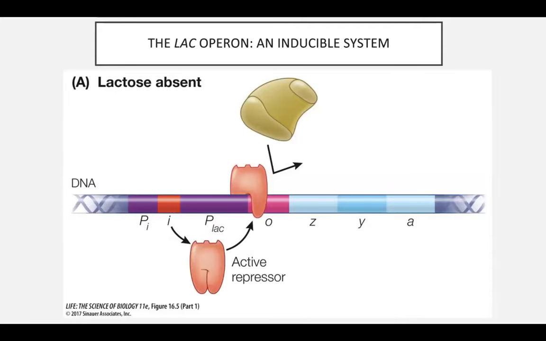So in this case, typically when lactose is absent, there's an active repressor on the lac operon of E. coli to help make sure that beta galactosidase and the other enzymes, beta galactoside permease, etc., aren't actually being formed. So there's an active repressor on it.